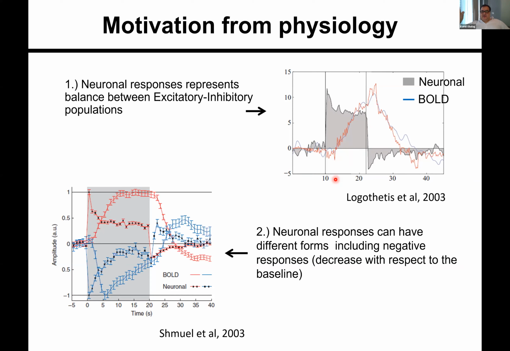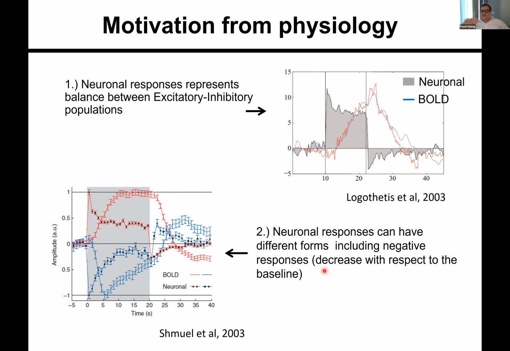And the idea is the BOLD response is coupled to local field potential, and local field potential is a result of excitatory and inhibitory activity. And the neuroresponse cannot always be like this. It can also be negative. It can also have different time courses. So in blue, for example, you have an initial overshoot only in the negative direction, and then it goes down to steady state, but much faster and to a much lower level.